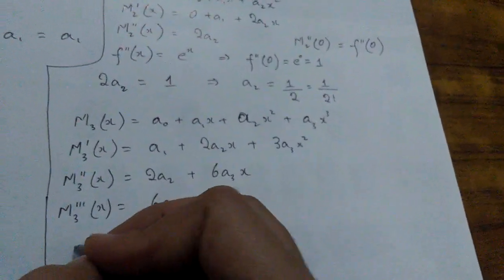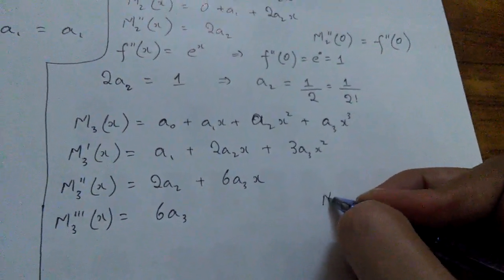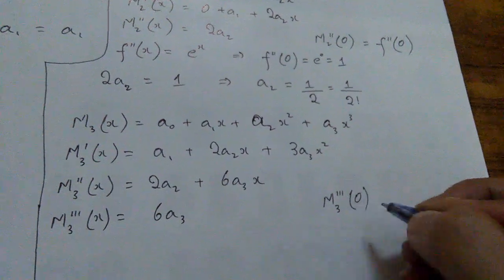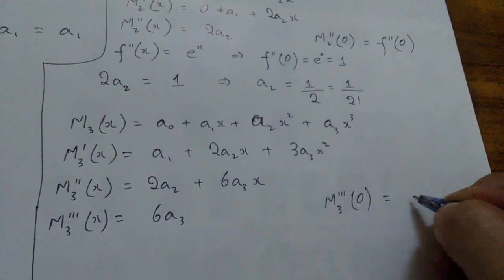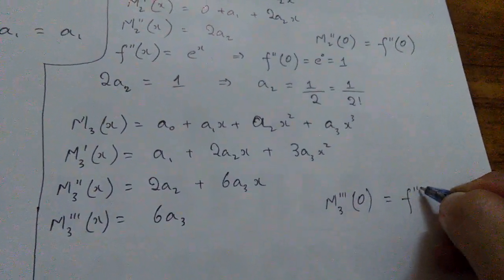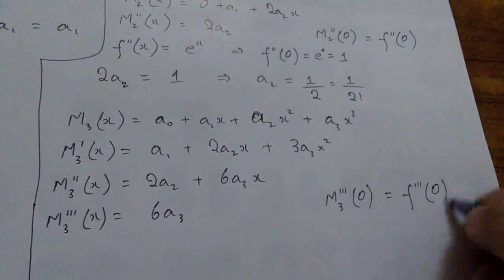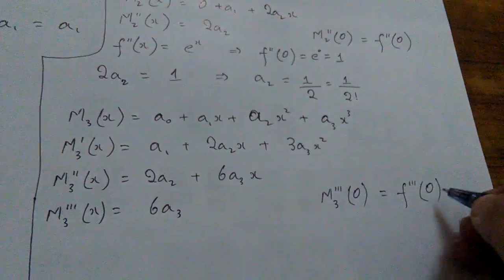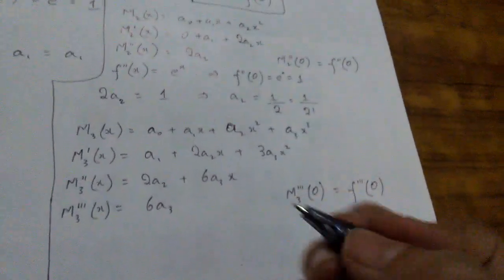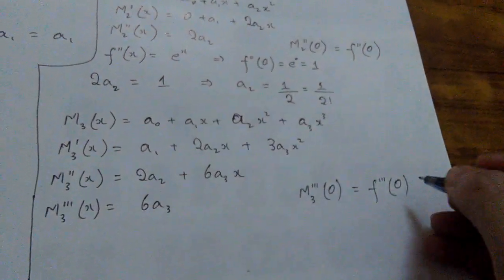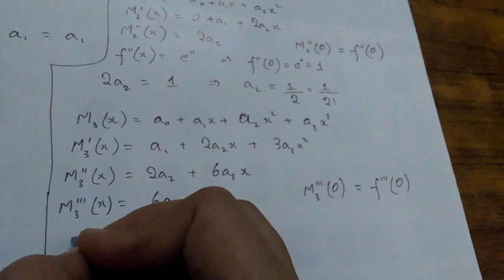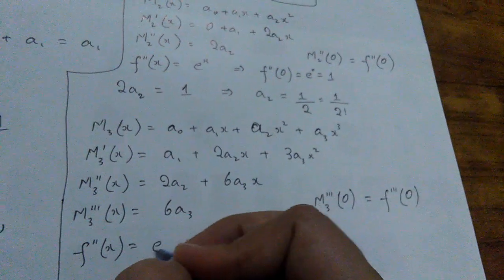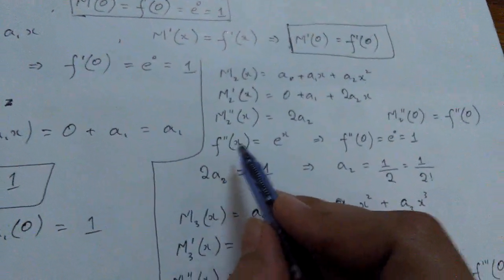And you see, the similarity in the behavior exists if all the derivatives of the polynomial give you the same answer as the derivatives of this original function f of x. So here my f triple dash is also going to be 1, but I should write it over here that my f double dash x was also equal to e to the power x.